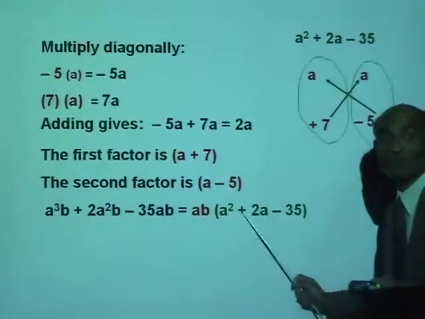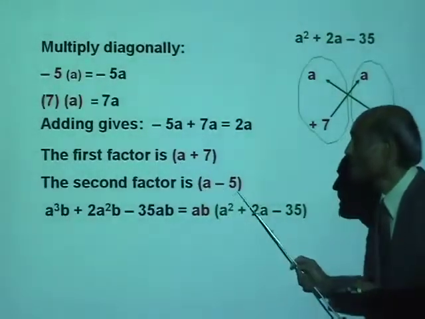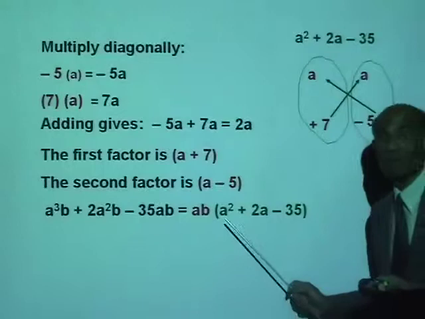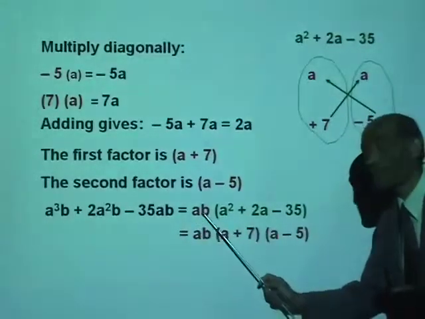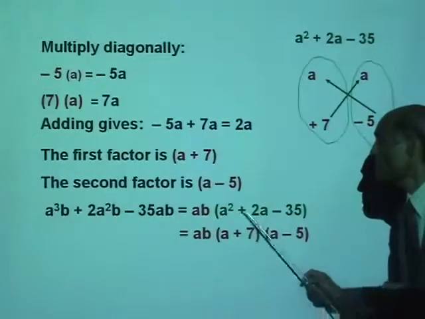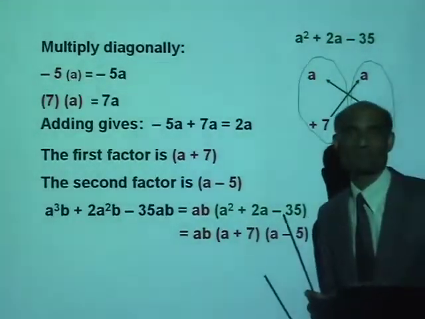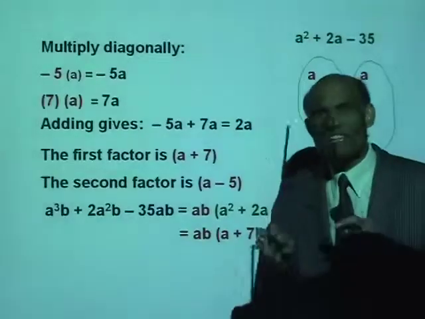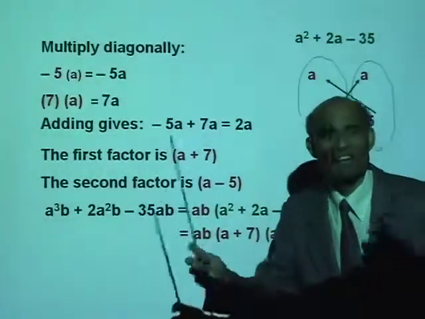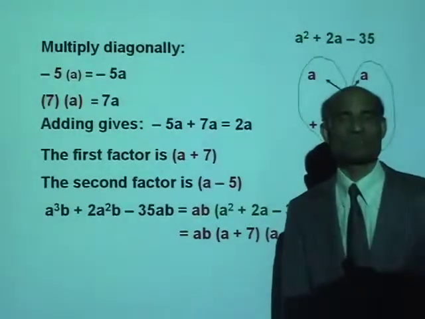The factors of this trinomial are A plus 7 times A minus 5. So what are the full factoring here? That will be AB times A plus 7 times A minus 5. Okay, that's a very neat way to factor these kind of algebraic expressions.